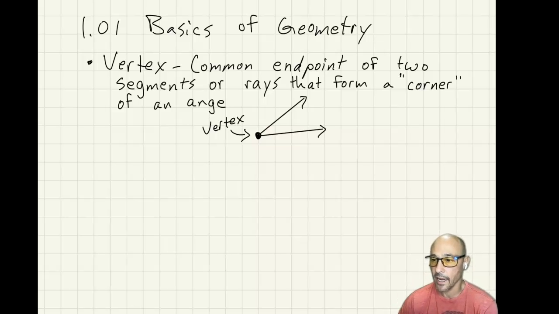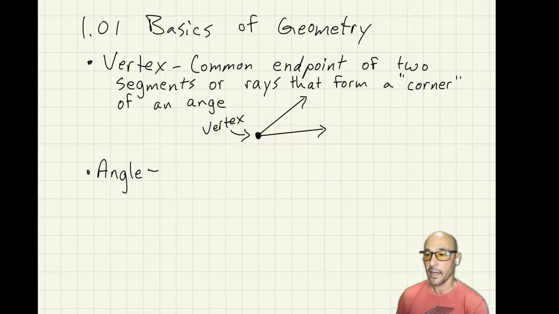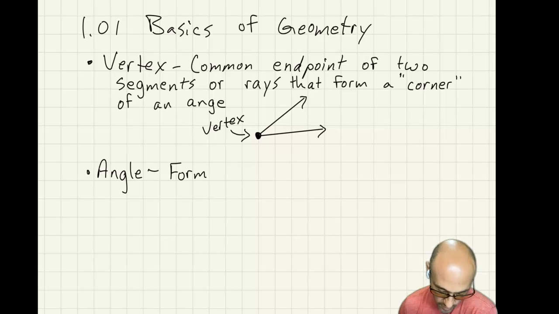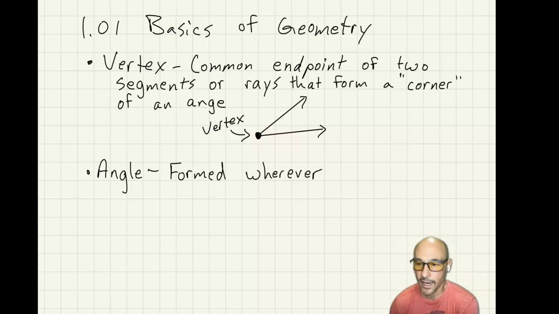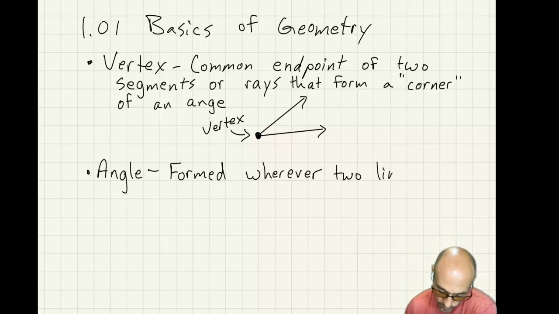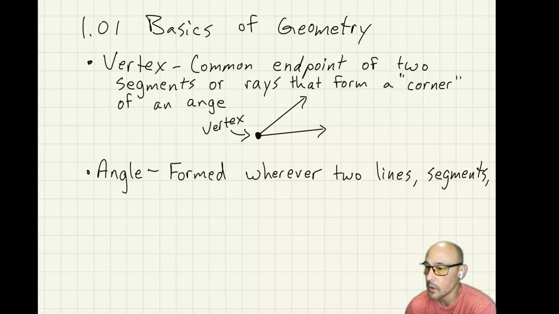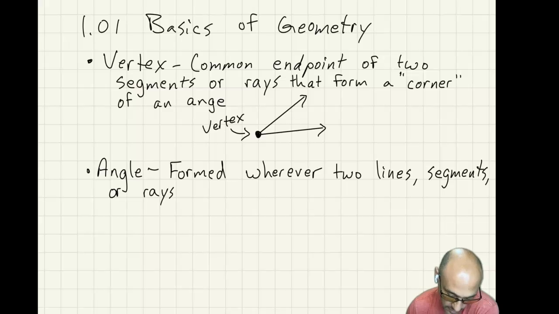The next one is an angle. So an angle, oops, that doesn't say angle. That says angle. All right. An angle is formed wherever two lines, segments, or rays intersect.